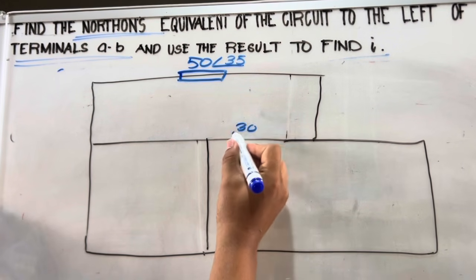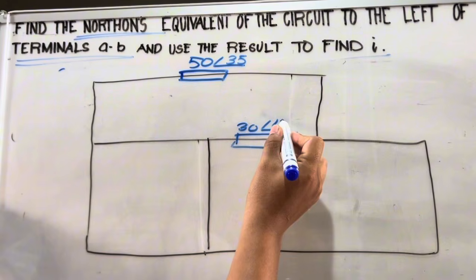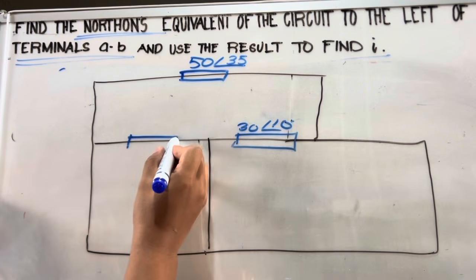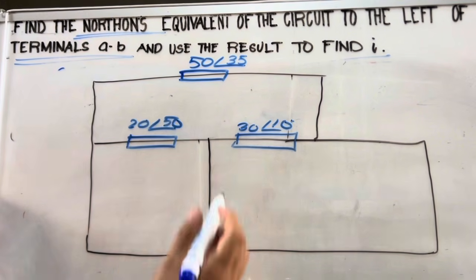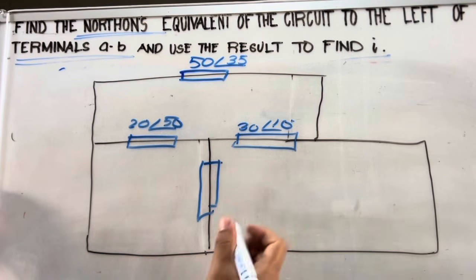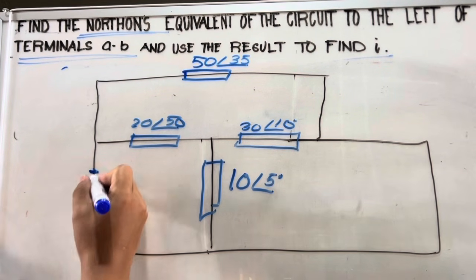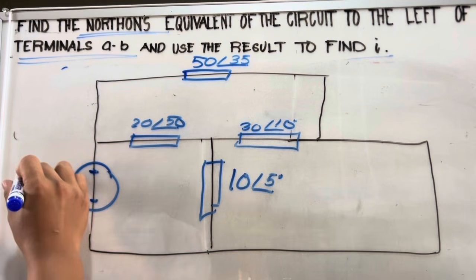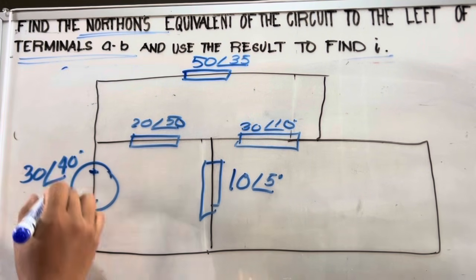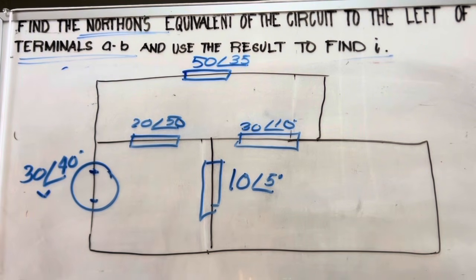Our impedance 30, angle of 10 degrees. And 20, angle of 50. We also have impedance here, which is 10, angle of 5 degrees. And of course, our source, positive to negative, 30, angle of 40 degrees, volts. Now, as you can see here, this is our I also, okay?